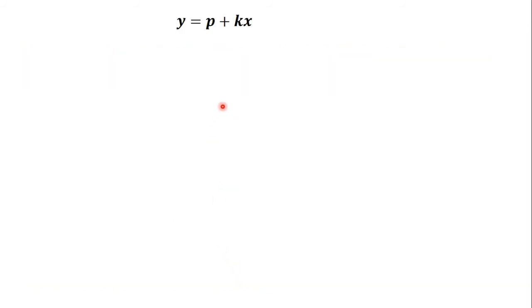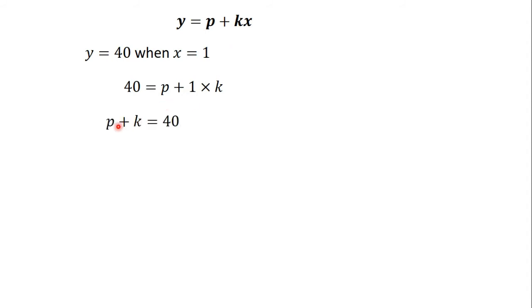Now, the question told us that when y is equal to 40, x is equal to 1. So we can replace y with 40 and x with 1. That will give us 40 is equal to p plus k times 1 because x is 1. Now, this is going to give us p plus k is equal to 40, since k times 1 is k.